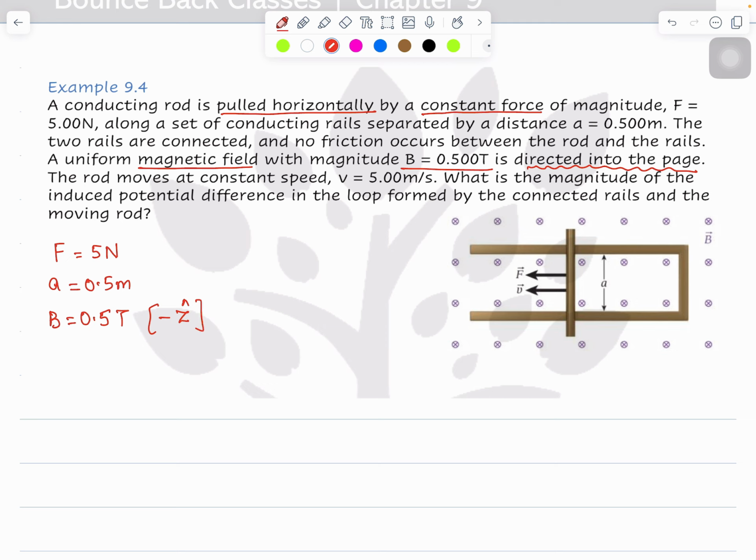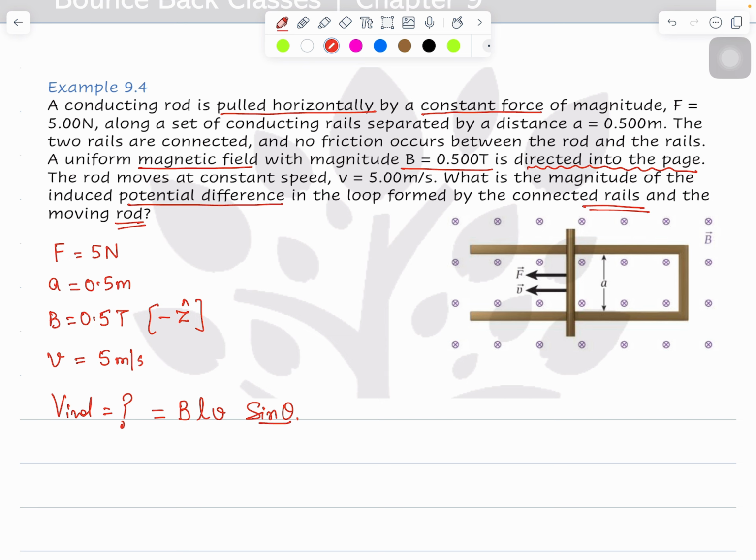The rod moves at a constant speed, velocity is given as 5 meters per second. What is the magnitude of the induced potential difference? V induced we are looking for, and the formula is BLV sine of theta, in the loop formed by the connected rails and the moving rod.